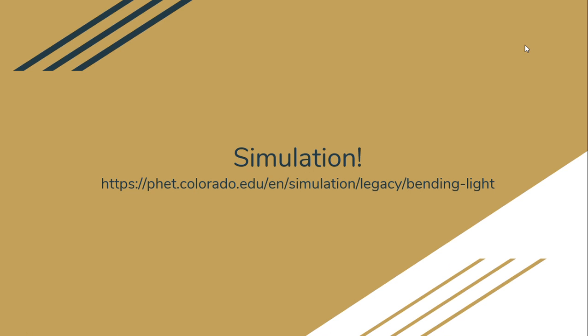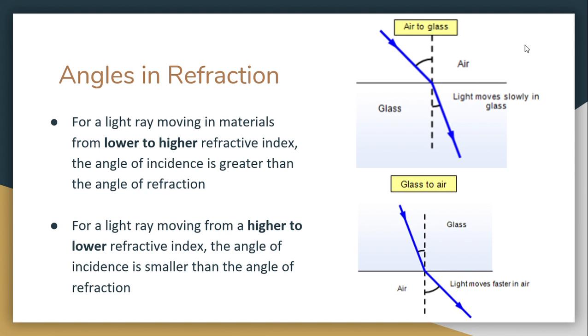Now let us look at this simulation. From the simulation just now, we can see that as light moves from a material where it moves at a higher speed to a lower speed, the angle of incidence is a lot bigger than the angle of refraction. But the other way around can also happen, where if it's moving from a place where it's moving slower to a medium where it's moving faster, the angle of incidence will be smaller than the angle of refraction.